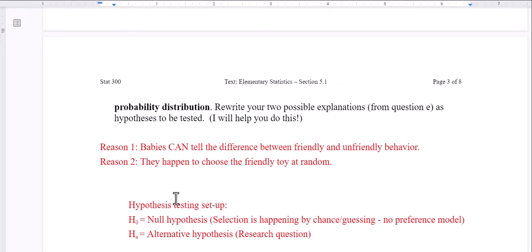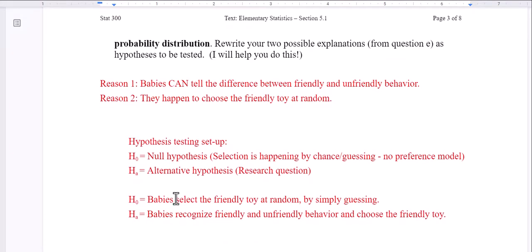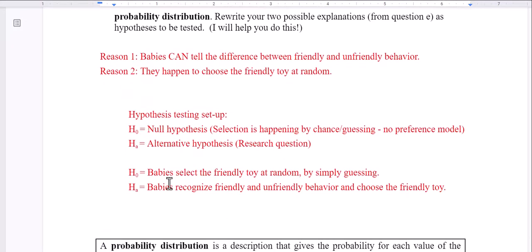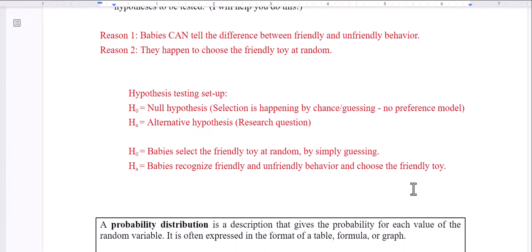So those become our hypotheses. Babies select a friendly toy at random, simply guessing, that's the null hypothesis, that's the by chance model. And the alternative hypothesis is babies recognize friendly and unfriendly behavior and choose the friendly toy.